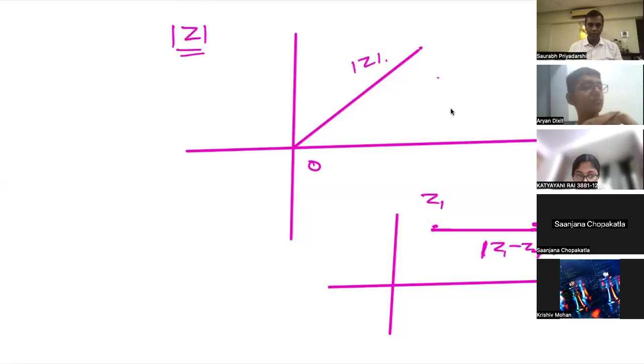One beautiful and very important observation will come in this. This is called the triangle inequalities. Very useful for complex numbers as well as geometry.